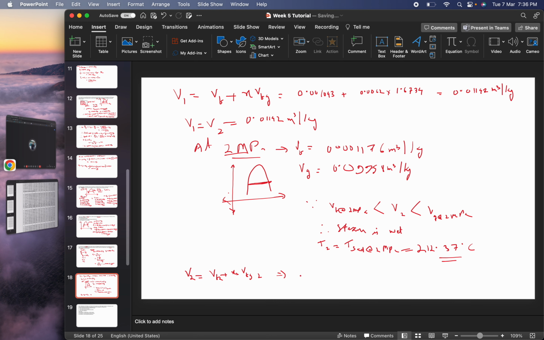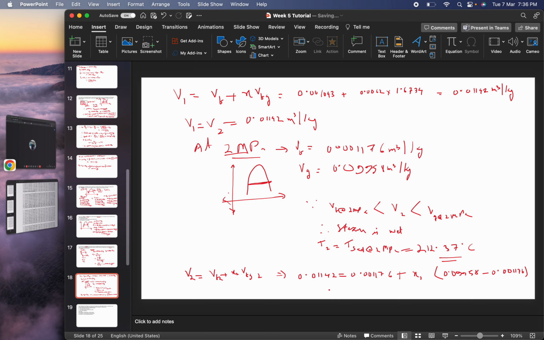So V2 is 0.01142, which equals 0.01176 plus x2 times (0.09958 minus 0.01176).